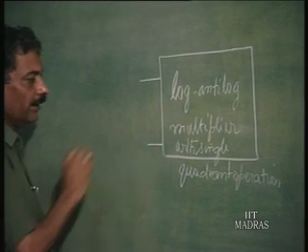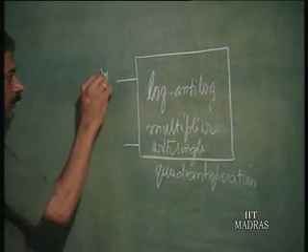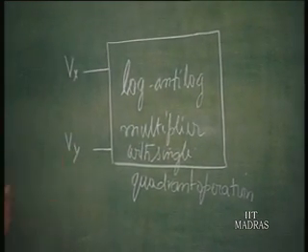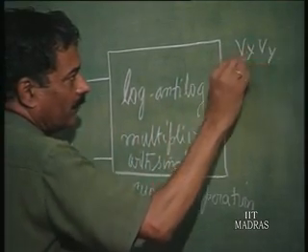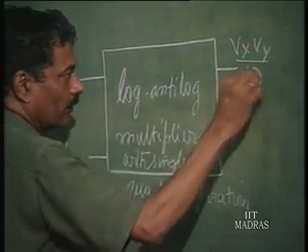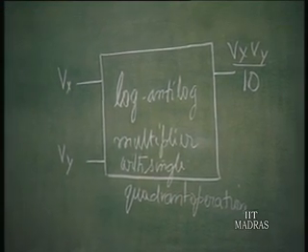So, we want to give this, let us say, input Vx and Vy, and the output we will get as Vx Vy by 10 volts by making Vr equal to 10 volts.